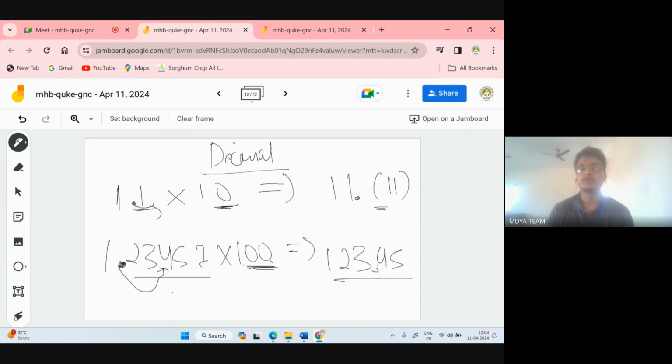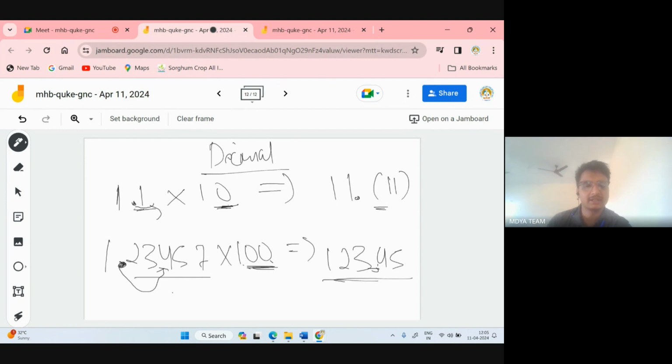This is how we multiply, how we can remove the decimal, or how it happens if you multiply a decimal number with 10 or a multiple of 10. I'm teaching this because in the last batch some students were having problems with this. If we are having problems with this, then there is no use of understanding those concepts, because these things will come again and again in questions. So this is for multiplication.